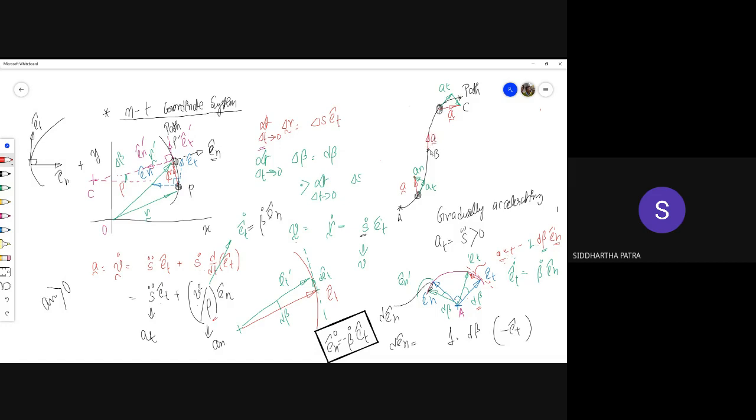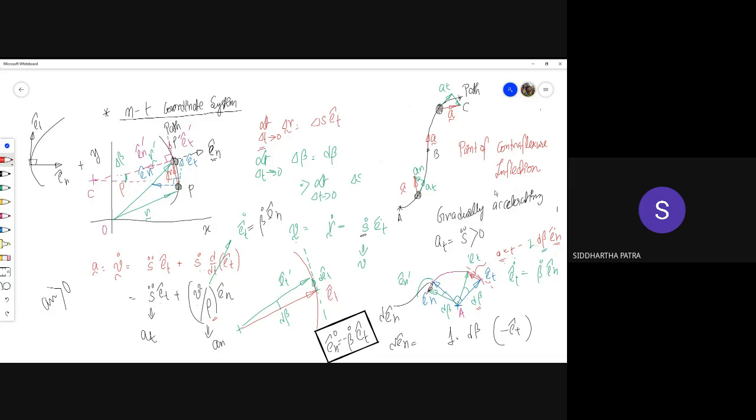And whenever on the path there is such a point, let's say point B in this example, when the curvature is 0, at that point the acceleration is parallel to the path, and that point is called the point of contraflexure or point of inflection.